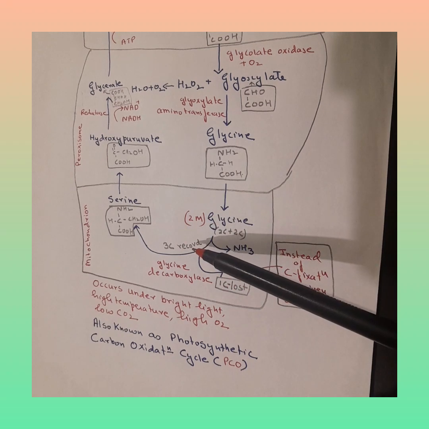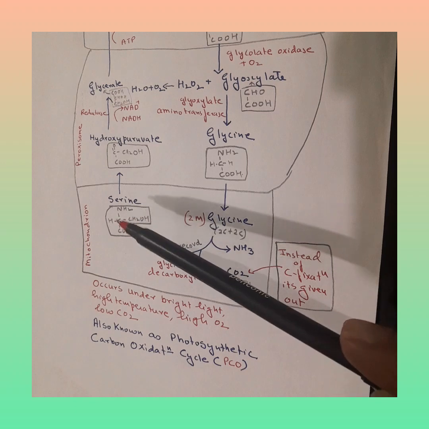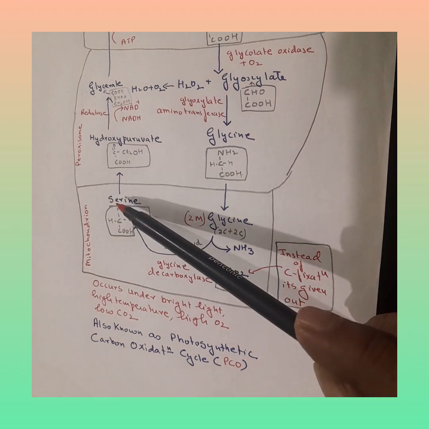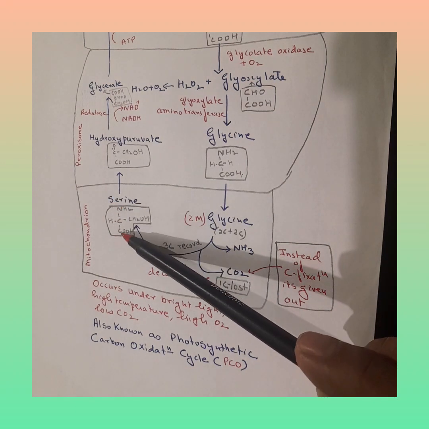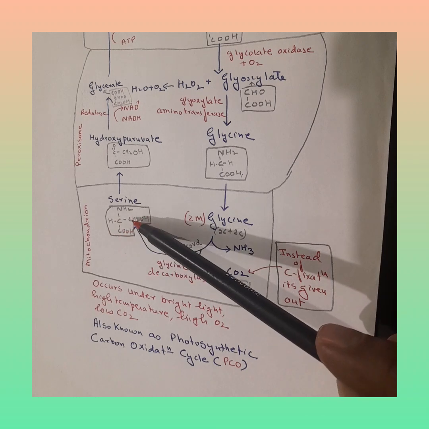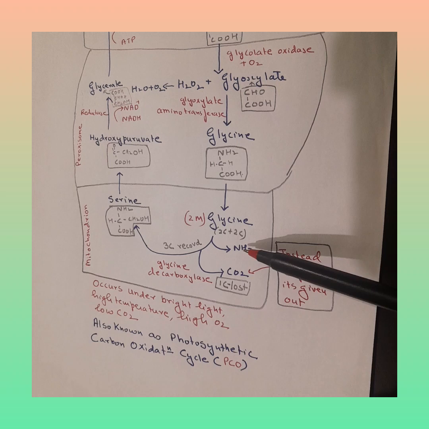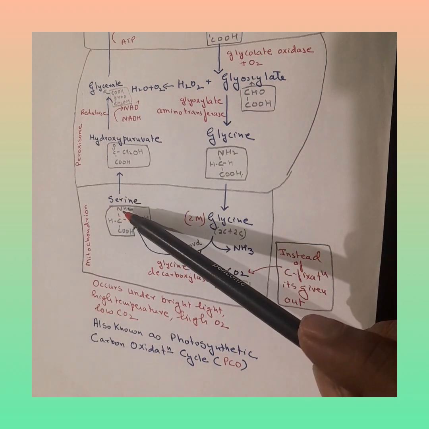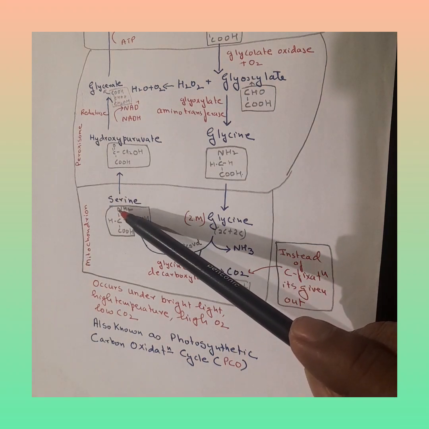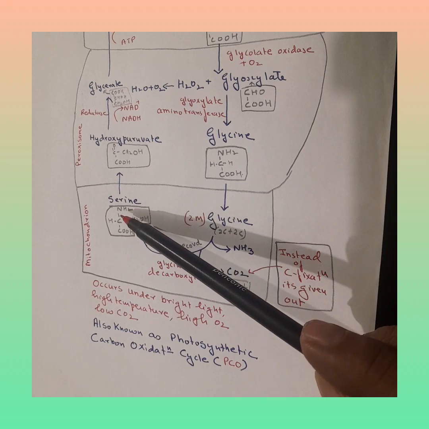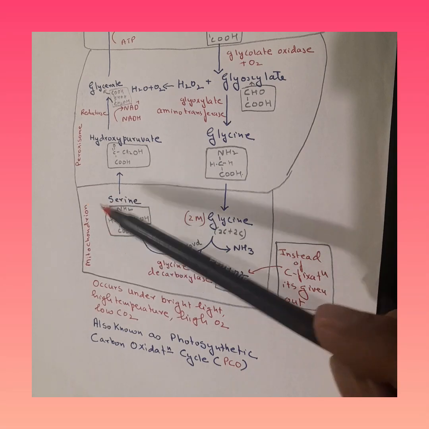So a 3 carbon molecule is formed, and that 3 carbon molecule is serine. 1, 2, 3. From one glycine, NH2 is lost in the form of ammonia, and one NH2 is left, which is here. So this is serine, yet another amino acid.